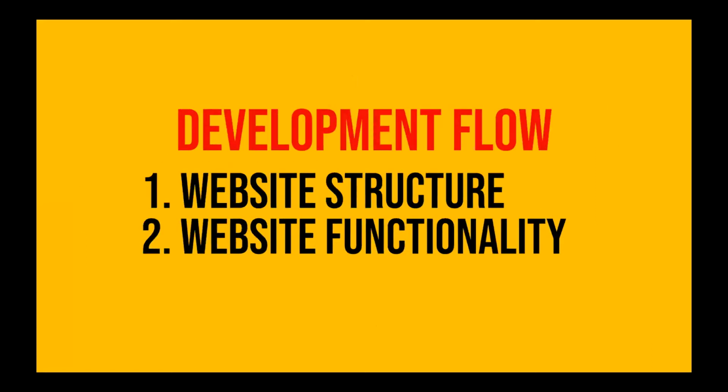Okay, so before we start designing our website with Elementor, of course, you need to structure your website. There is a flow of how you want to get started with it. The first one is the website structure. You need to have the architecture and the basic baseline before you build your website.